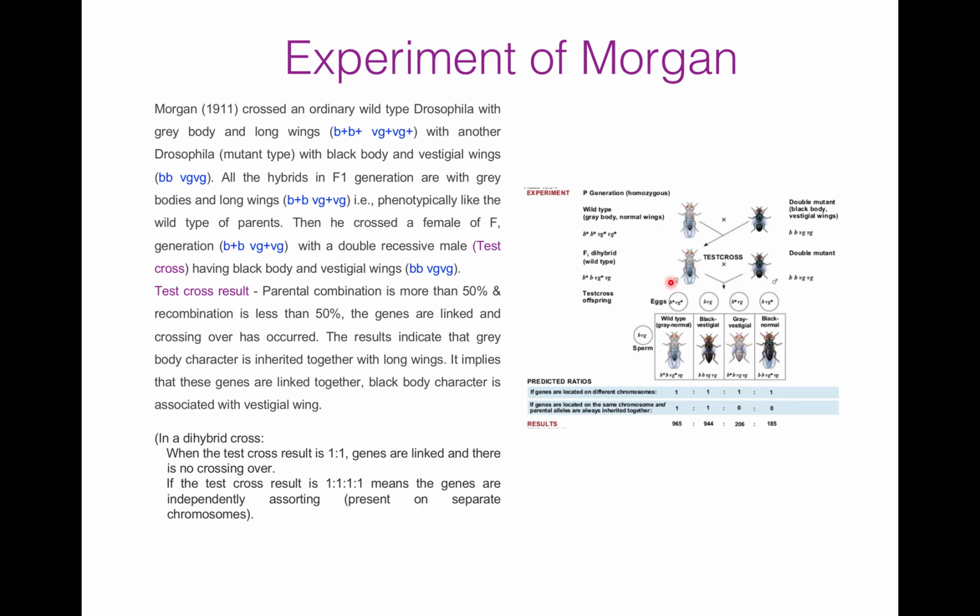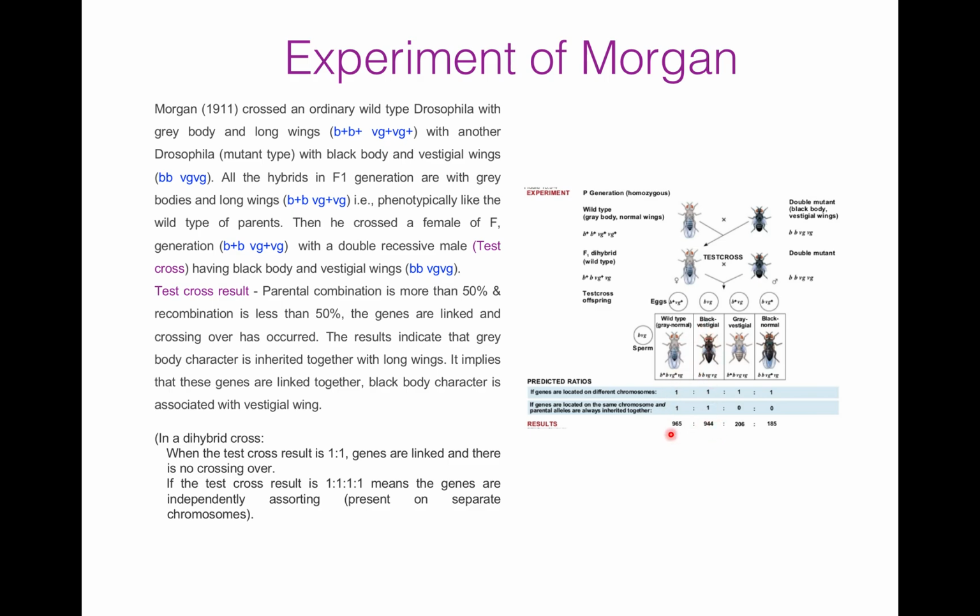So, what did you observe? Parental combination is more than 50% and recombination is less than 50%. Again, the expected ratio was 1:1:1:1, but he got 965 and 944.